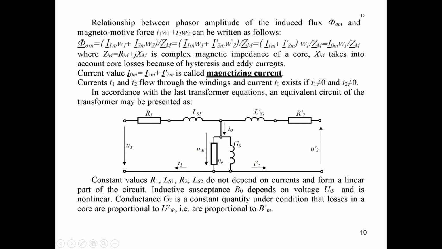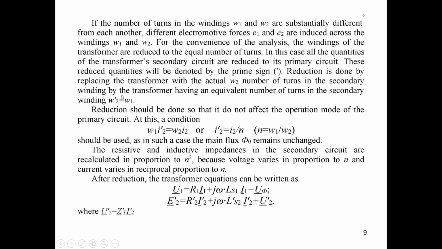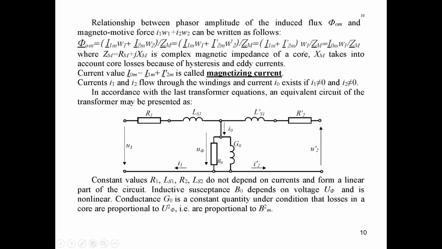Then, as W1 equals W2 prime, as we considered previously, we can write it just as double. We can put this W1 before these brackets over Zm, and in brackets it will be I1 maximum plus I2 maximum with prime sign.